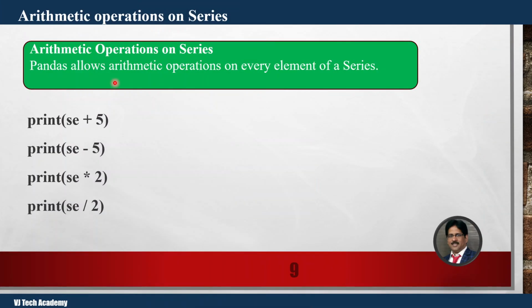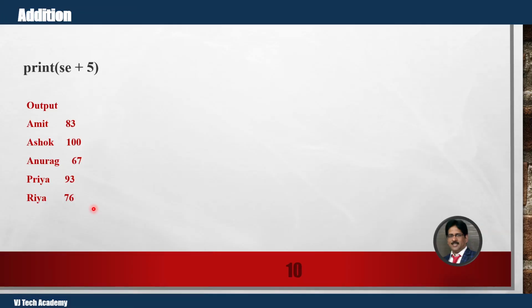So if you want to perform arithmetic operation SE plus 5, SE minus 5, SE multiply 2, SE divide by 2, all these operations are valid and will be executed on each element of series. Let's understand all these one by one. First is addition. So here you can see the result I discussed with you earlier.